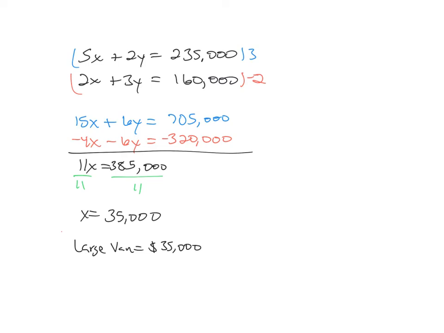Now this might be the hardest one because the numbers are big, but go back to the very beginning and plug in 35,000. I'd rather do 35,000 times 2, not 35,000 times 5, so I'm going to pick the bottom one. That's 70,000.